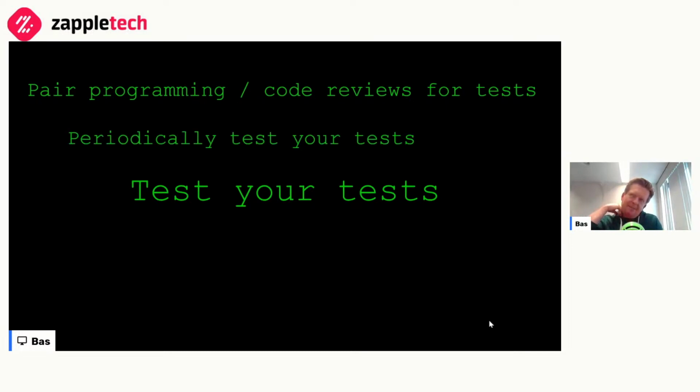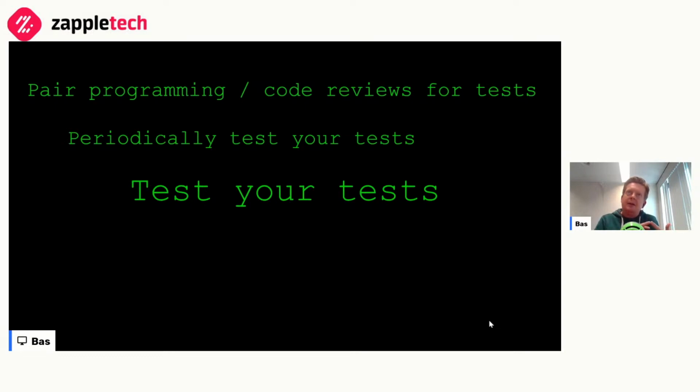Pairing and code review is typically something that you do when you create your tests. It's probably also a good idea to periodically go through your test suite and ask, are these tests still making us happy? I don't want to go all Marie Kondo on you, but are they still effective?